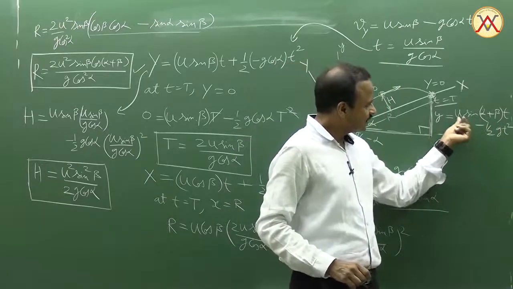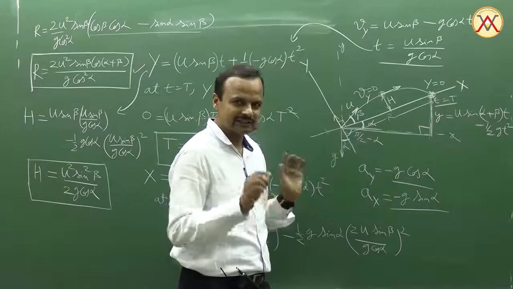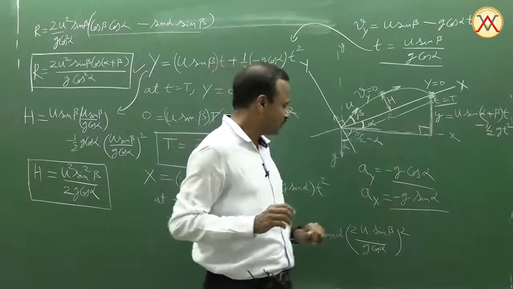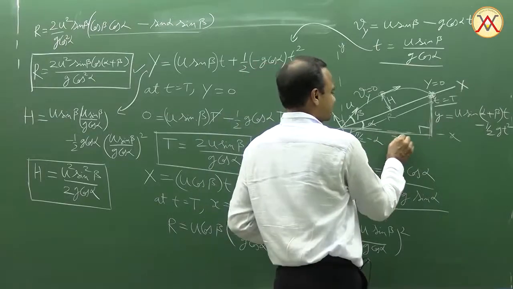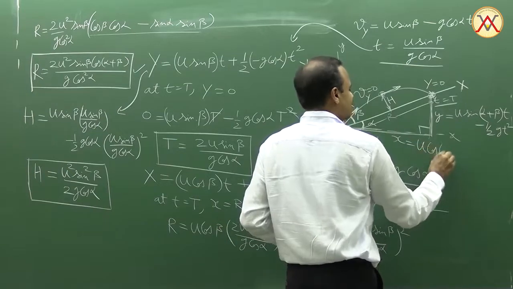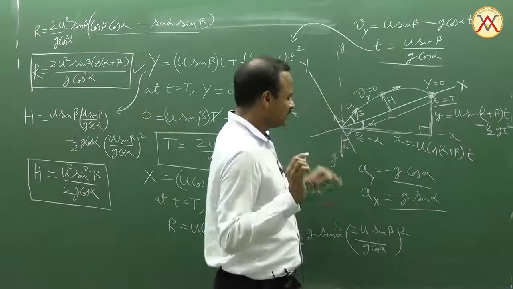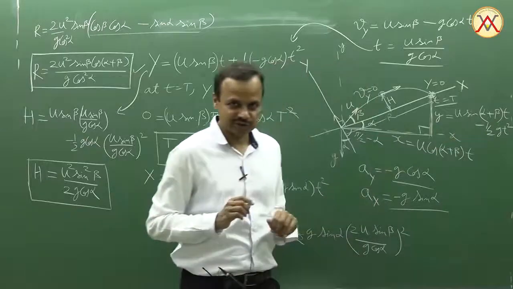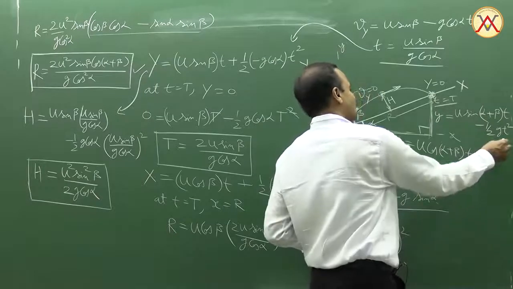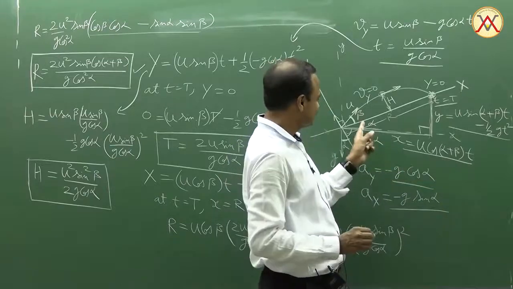This is u sine theta t minus half gt square, where theta is alpha plus beta. So that was our y coordinate, the usual vertical coordinate, small y I am using for it. And the x similarly can be written as u cos of alpha plus beta multiplied by t, because there is no horizontal acceleration.